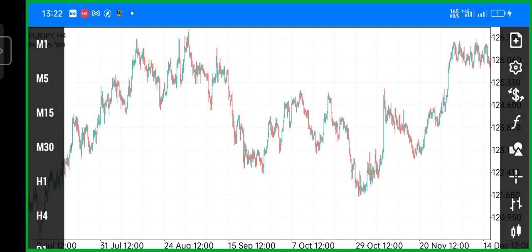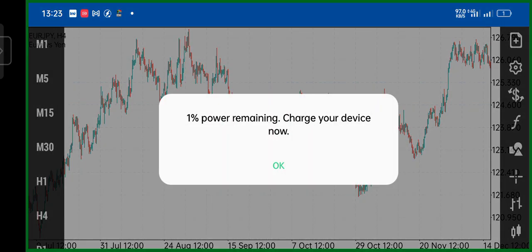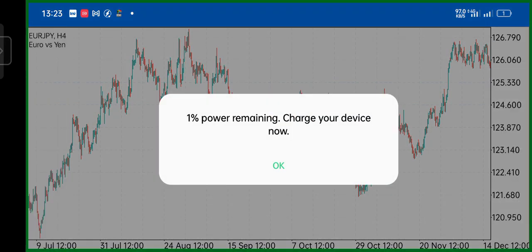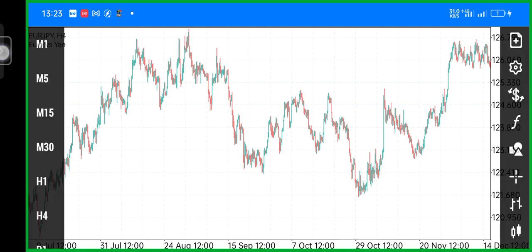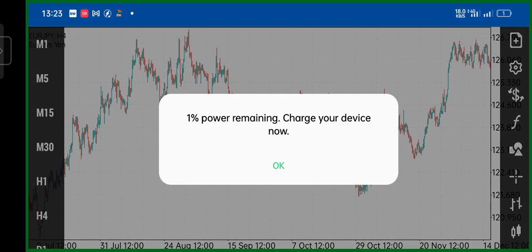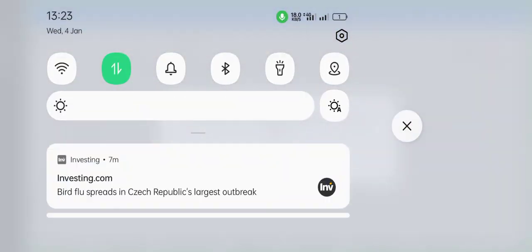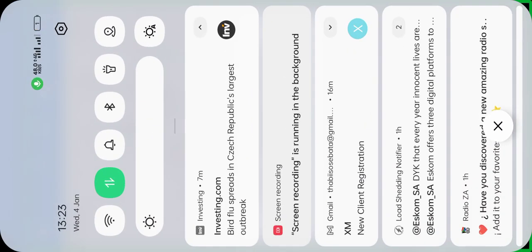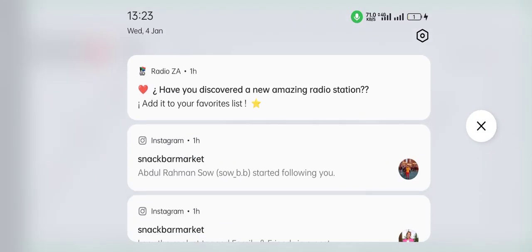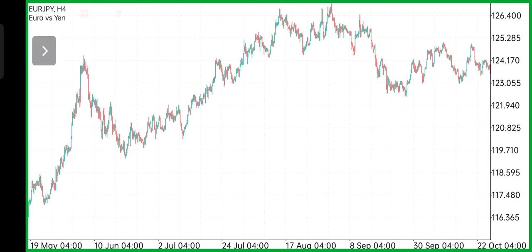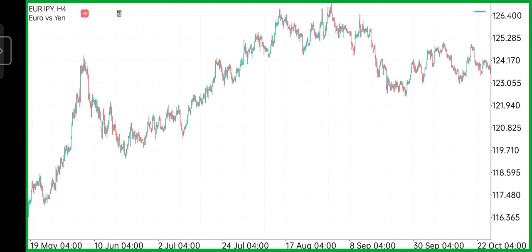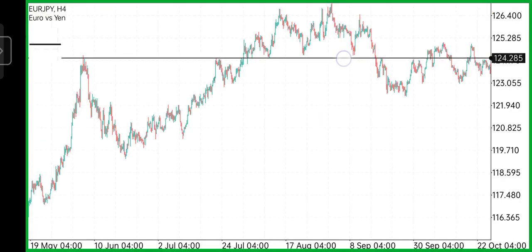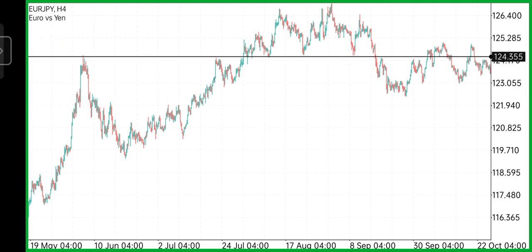Let me try to use this here. We can use this, the range of the market. So it's probably here, just there. You see.